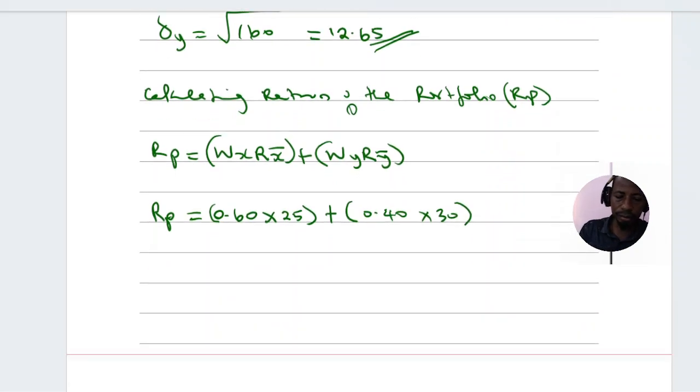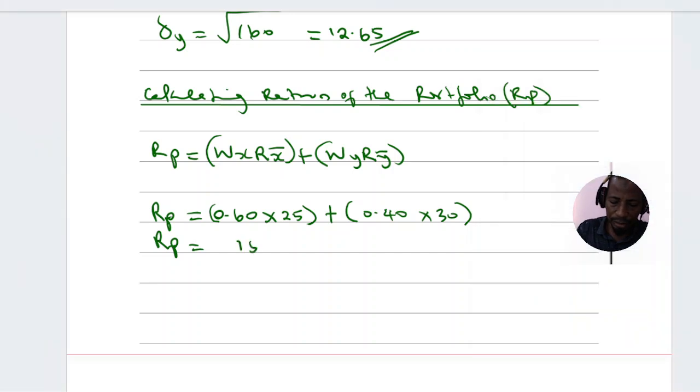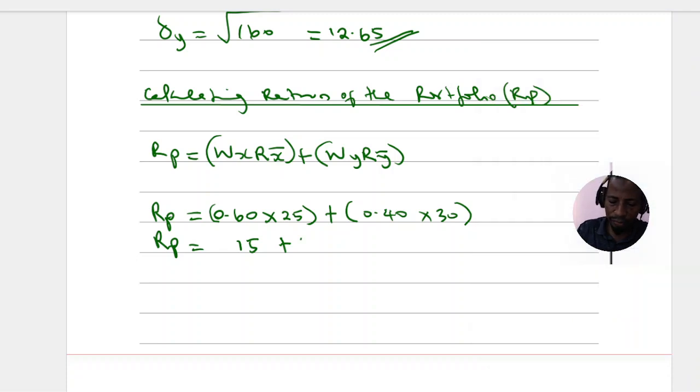Let me write that. So the return of the portfolio will then be equal to 0.6 multiplied by 25 equal to 15 plus 0.4 multiplied by 30 equal to 12.